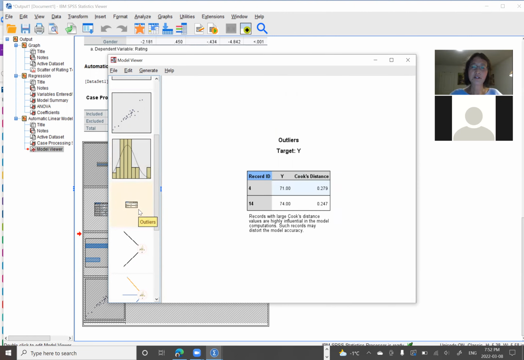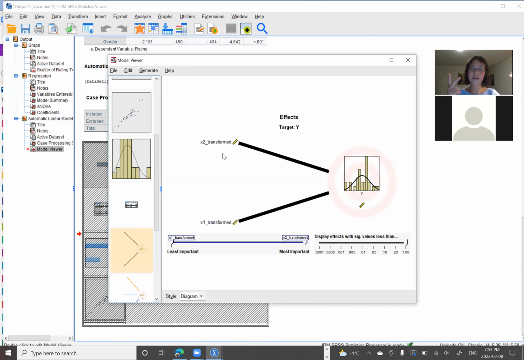And this one shows you the effects. If you remember, X1 and X2 are 2 important factors.